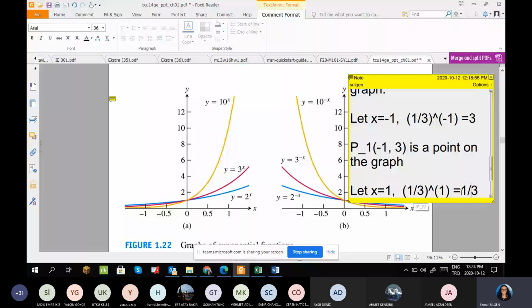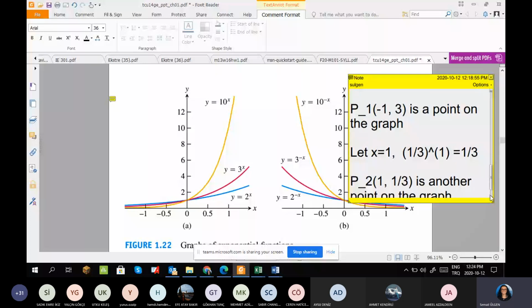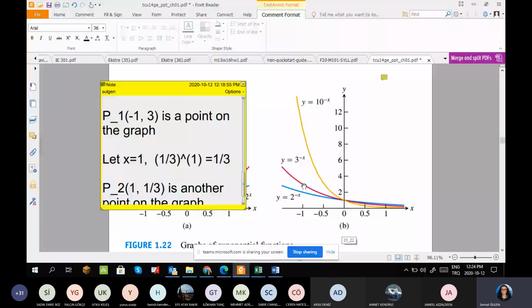Now I'm going to take P1 and P2 and put them on my xy coordinate plane. P1 is (-1, 3), it is this point actually. And the other point is x equal to 1, which is this, (1, 1 over 3).